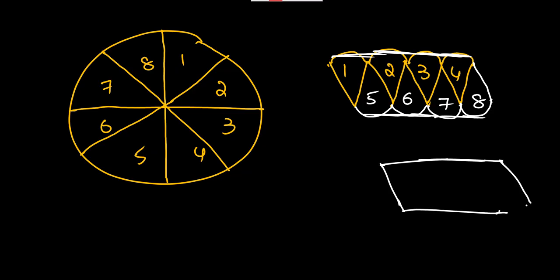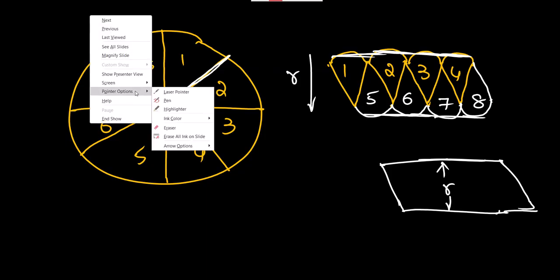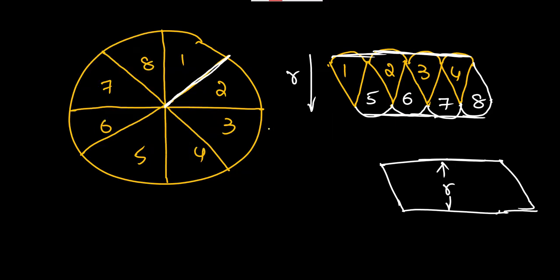Parallelogram, okay, sir. What is the height of this? What is the distance from here to here? From the center to the edge, this is nothing but r. So the height is equal to r. What about the base, sir? See, the circumference of a circle is 2 pi r.